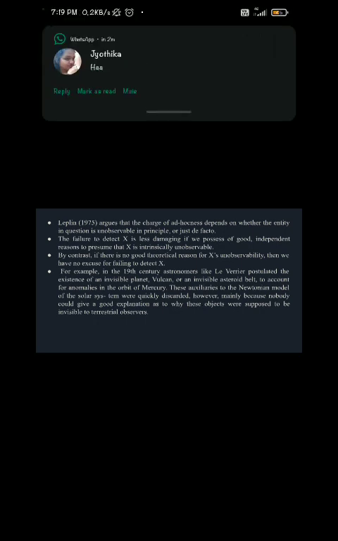We can say a general expression: an ad hoc hypothesis generally means something like this: the rules apply to everyone, but there is an exception. Like in a school, if one boy came without properly dressing up in uniform or not wearing a tie, and it's accepted, we can say that is a general expression of an ad hoc hypothesis.